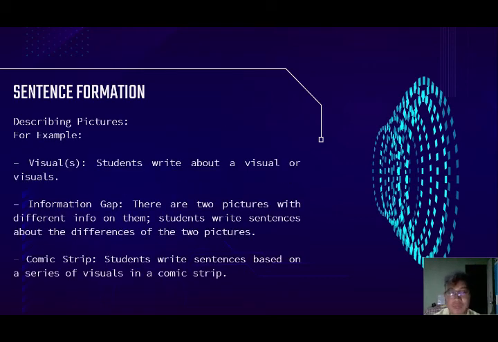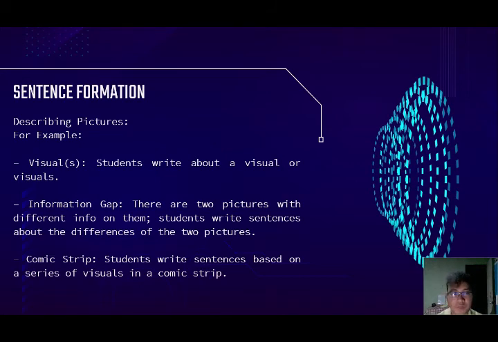Then describing pictures. For the visuals, the students will write about a visual or visuals. What they have seen, they're going to write on a specific picture, or it could be portrayed in a media or on a screen. Then the information gap. There are two pictures with different information in them. The students will write sentences about the differences of the two pictures.